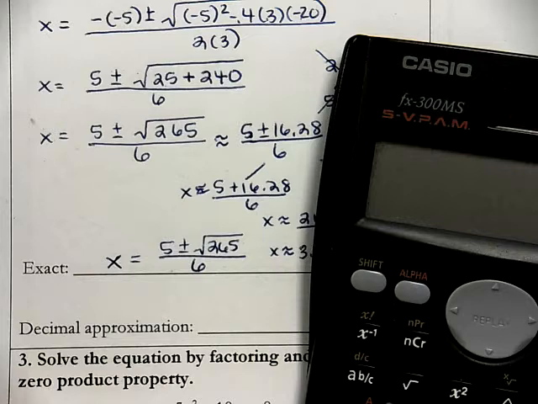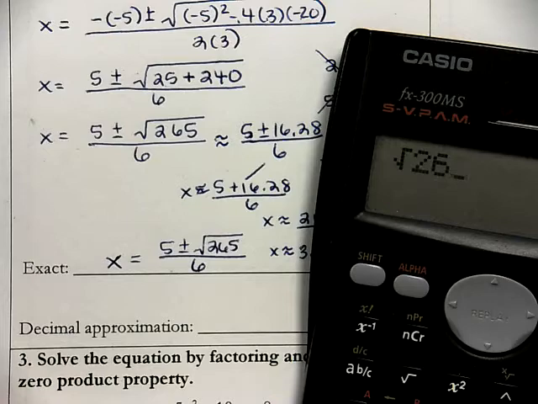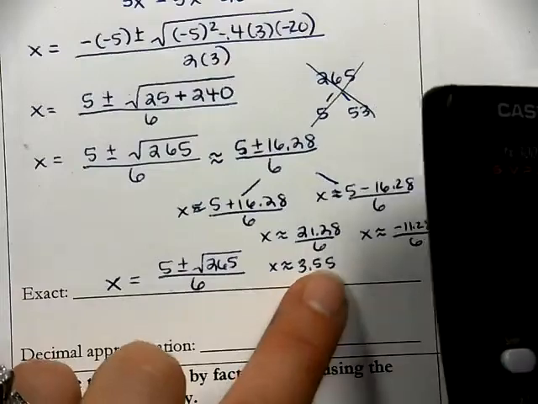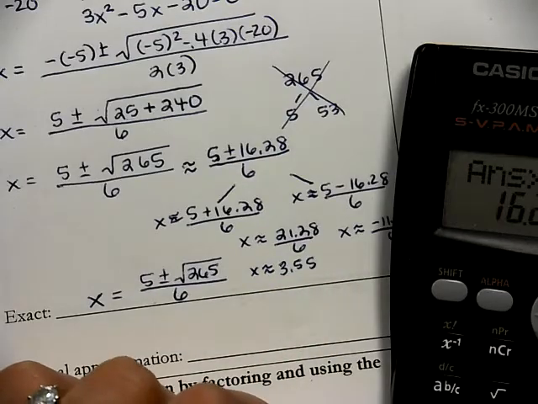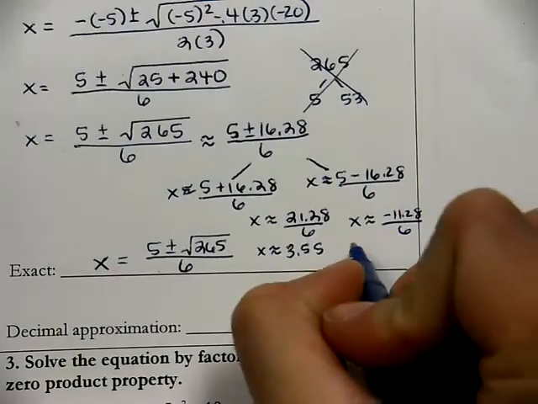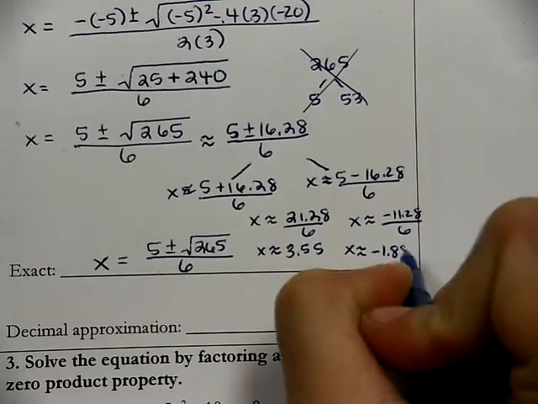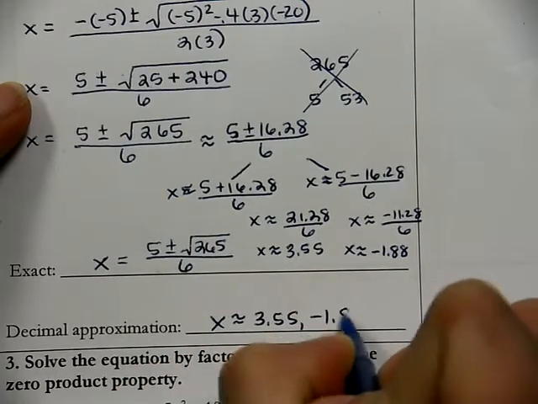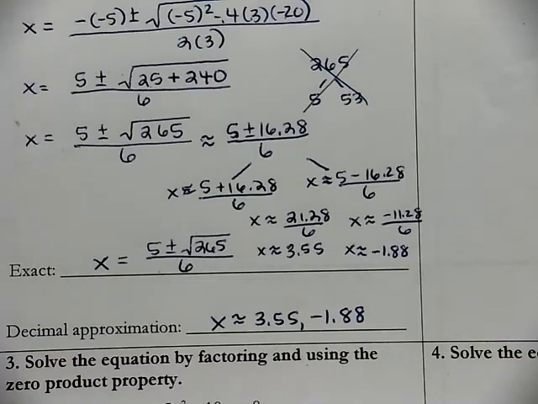So if we do the square root of 265 again, 16.28, I then multiply that by a negative 1 to get a negative, and do 5 plus that answer. It gives me negative 11.28 divided by 6. We get x is approximately negative 1.88. So x is approximately 3.55, comma, negative 1.88.